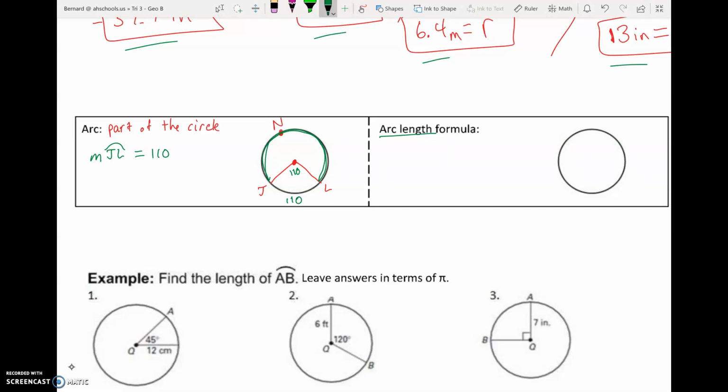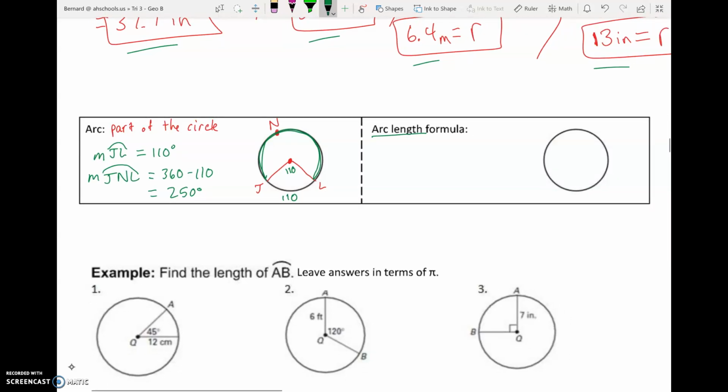And so the rest of the circle, which is the measure of arc JNL, so major arc, three letters, is just going to be 360 minus 110, which is what, 250 degrees, right? And so that's what an arc is. It's part of the circle, and so it has some sort of degree measure anywhere between 0 and 360, right? Because a circle is 360 degrees total. So part of it is somewhere in between 0 and 360.